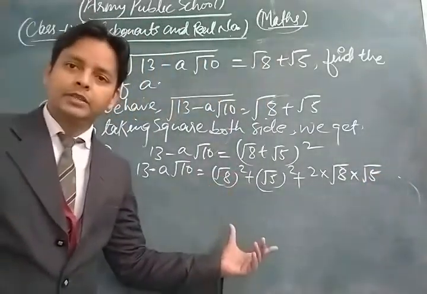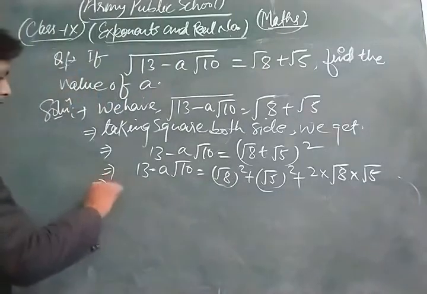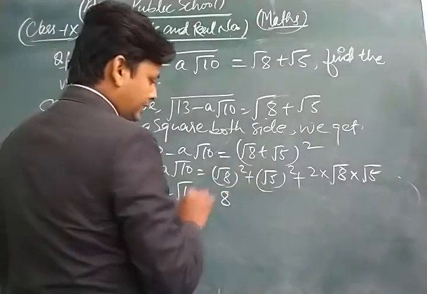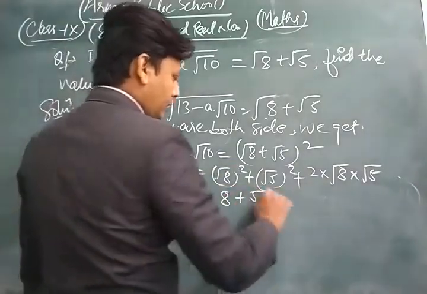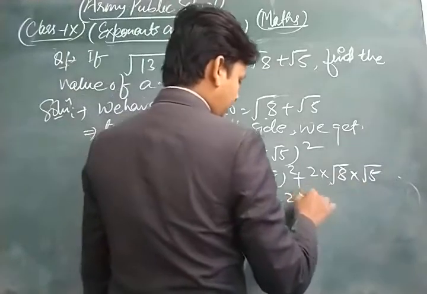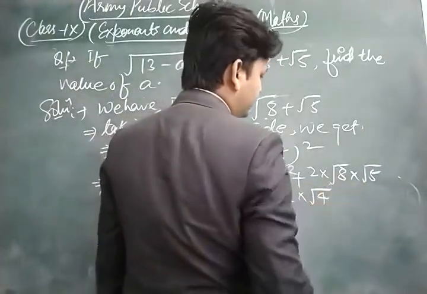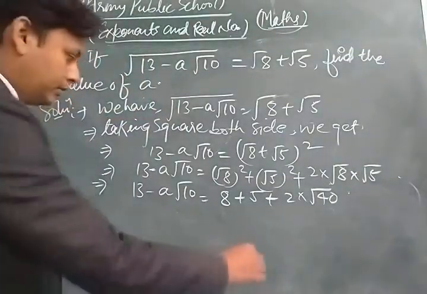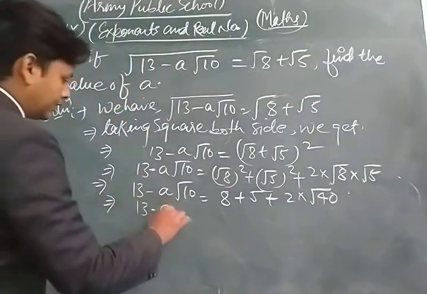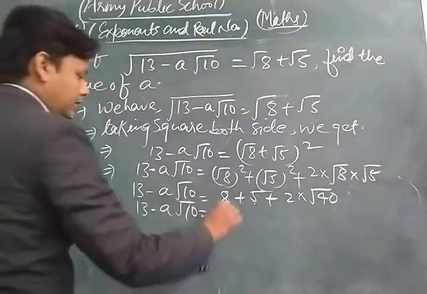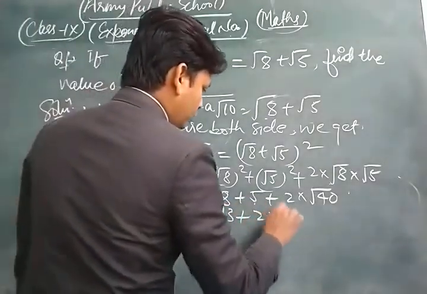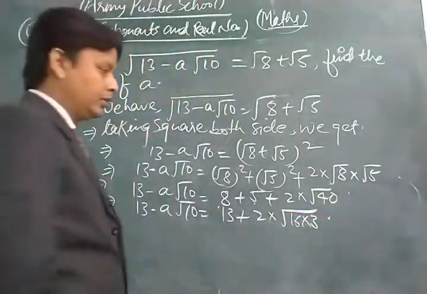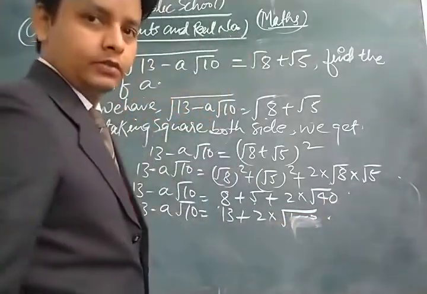Here we apply the identity a plus b whole square. Now simplify again. Root 8 square is 8, root 5 square is 5, plus 2 into root 40. Now look, we further simplify. This is 13 minus a under root 10, equal to 13 plus 2 into, we can write 40 as 10 into 4.